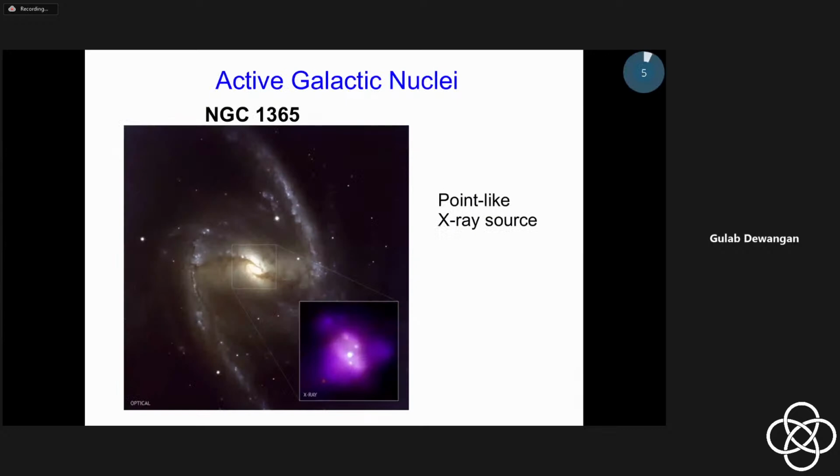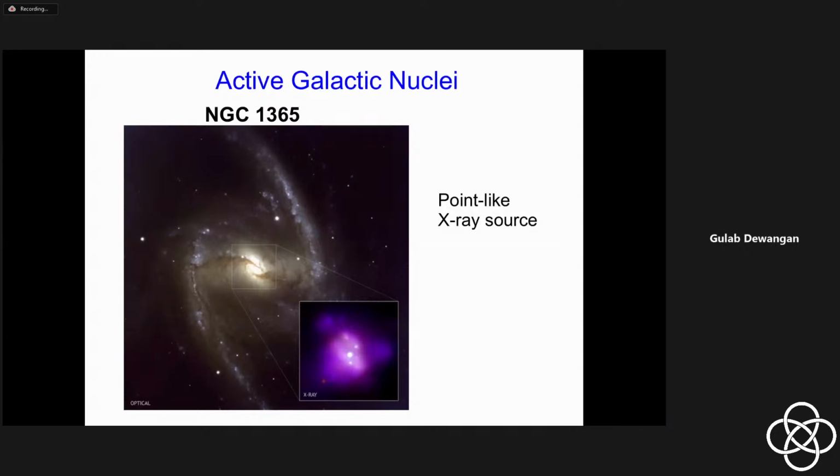Here is another example. Sometimes the center of an active galaxy may have obscuring material such as dust and cold gas. In such a case, because the light cannot easily pass through the dust and thick material, you will not see a very bright nucleus at the center.